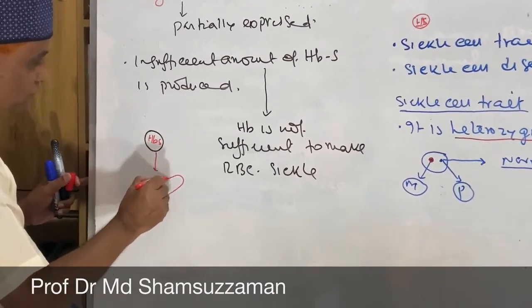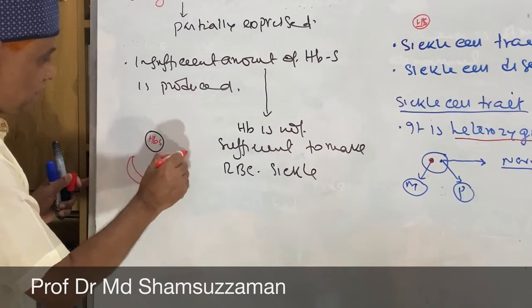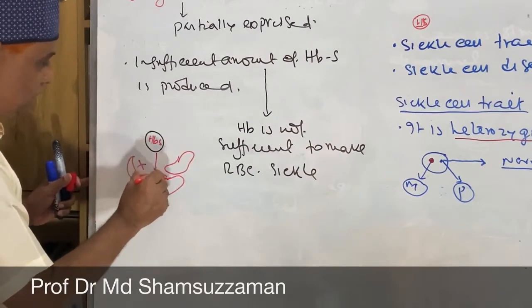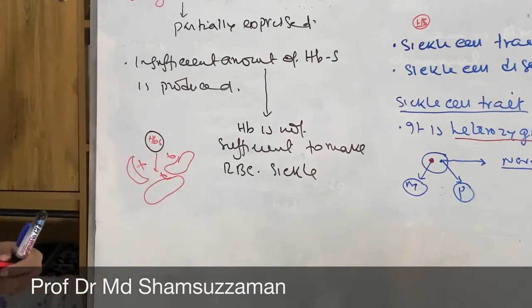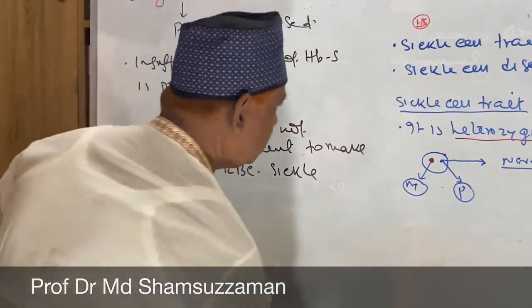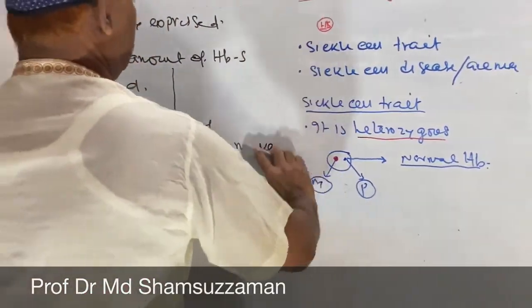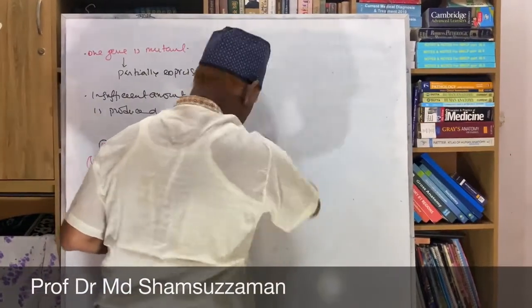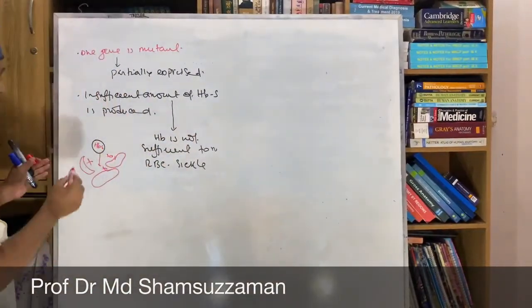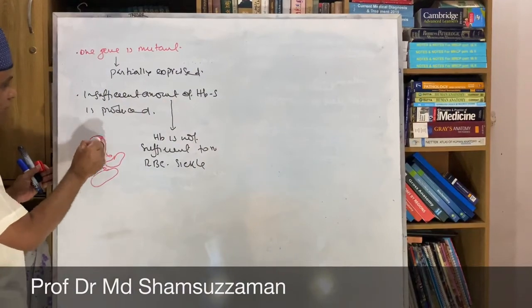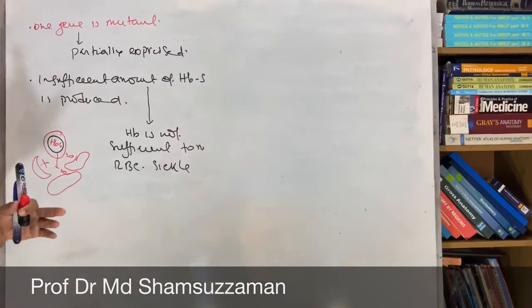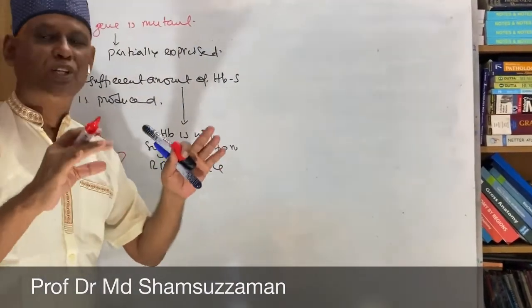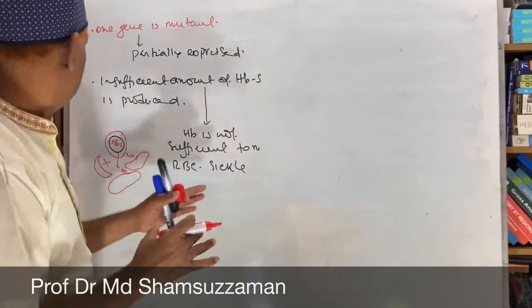The RBC cannot be sickle with this insufficient amount of hemoglobin S in case of sickle cell trait.